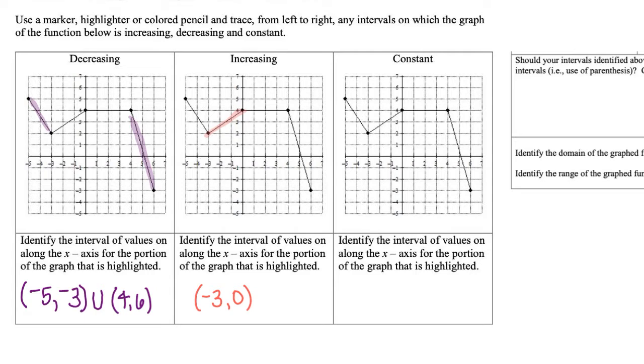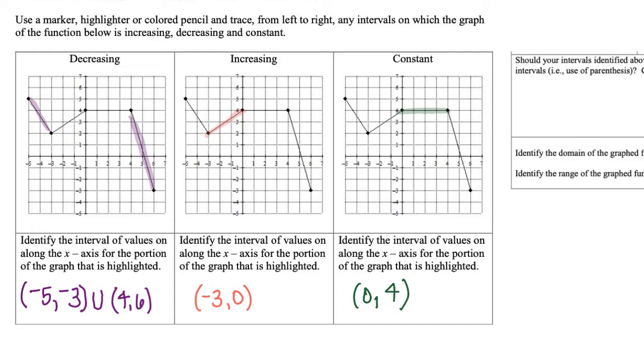And then it wants us to find our constant, highlight where we're being constant, and that's going to be in this area here where we're not moving up or down. We're just staying constant. And so really you can think of this as slope. It's a constant slope, and that's going to be from 0 to 4.